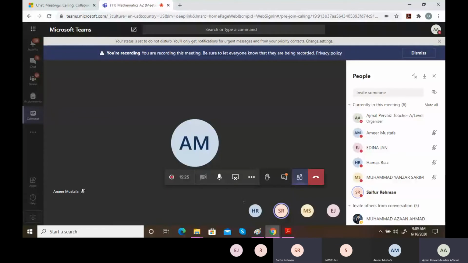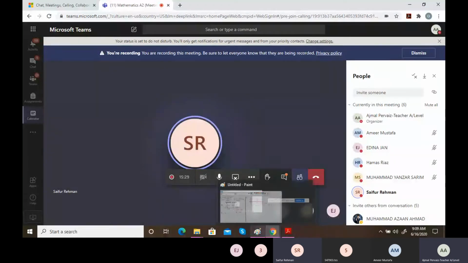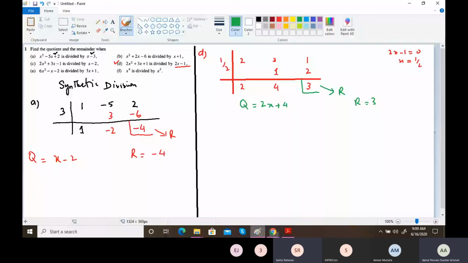Sir, why did you multiply the 1/2 with 1? 2 with 1. Good. See here. 1 by 2 is multiplied with 2. Why with 2? 3 multiplied by 2 gives you 1, right or not? Then 1 by 2 multiplied by 4 gives you 2. Am I clear?